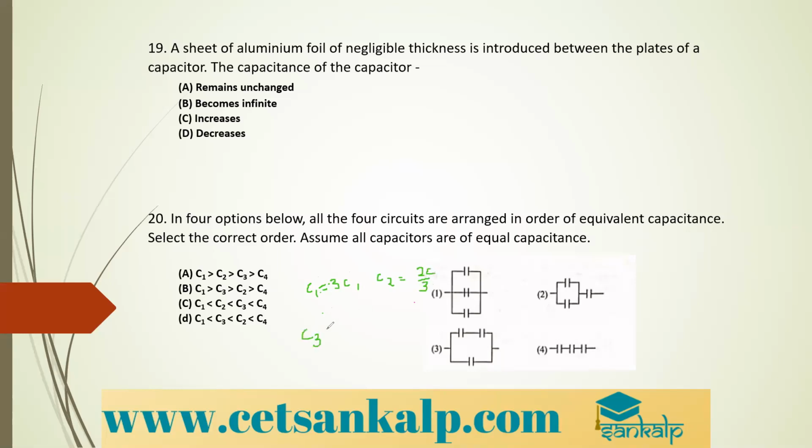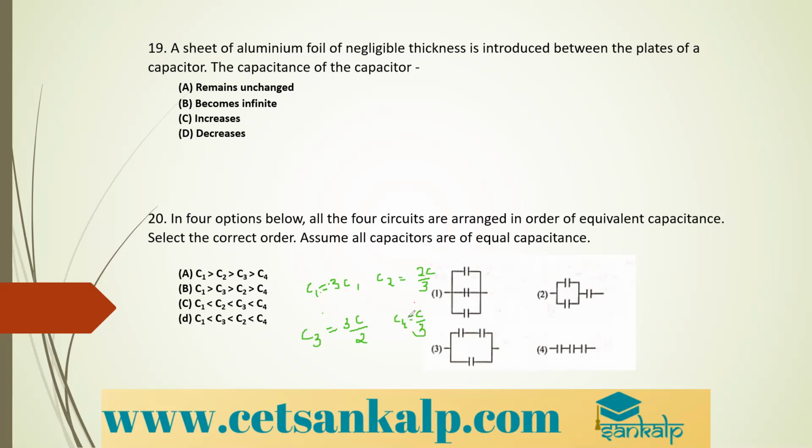Then C3 is equal to 3C divided by 2 and C4 is equal to C divided by 3. Suppose this condition if we take, then here the figure and the options are matching.